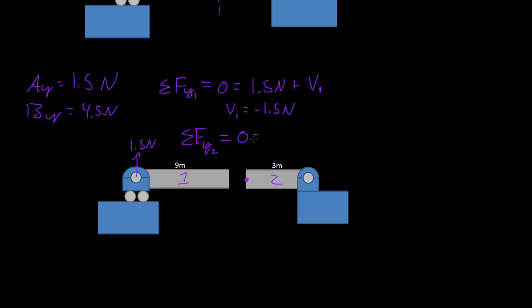They must equal 0. So this is pushing upwards with a force of 4.5 newtons. To counter that 4.5 newtons, we must apply some force here. So we have V2 plus the 4.5 newtons. So then V2 must equal a negative 4.5 newtons.